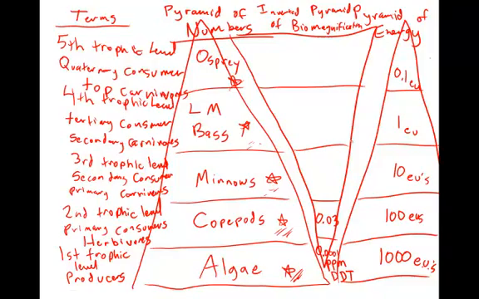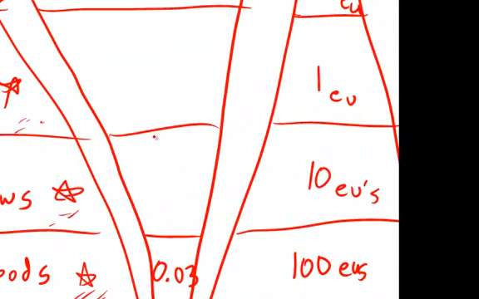0.03. And then if we look at the minnows, it's gotten even greater, 0.71. And this is again ppm DDT. And if we look up at the largemouth bass, it's gotten even bigger.